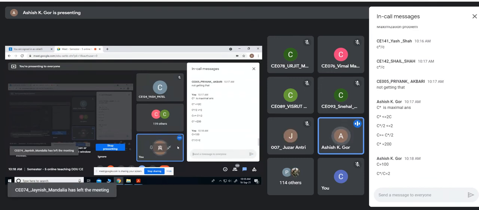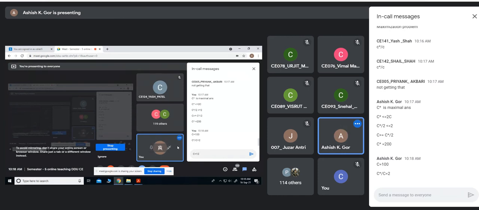But if you get C equal to, let's say, 80, the ratio would be 80 by 200. So what we just do is C star by C, and that would be the ratio.